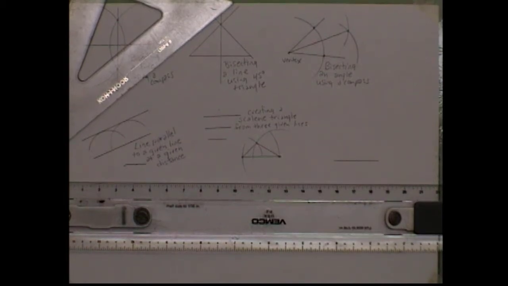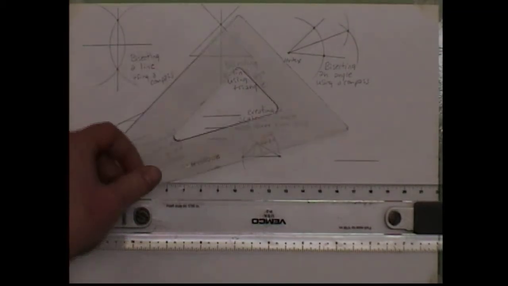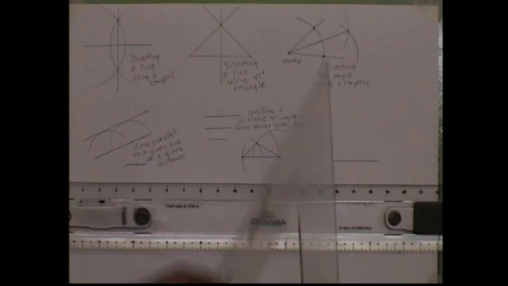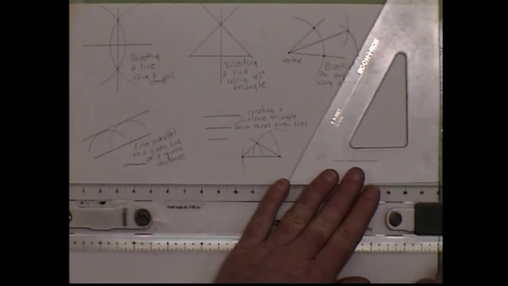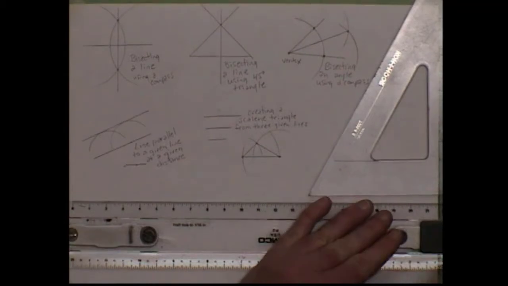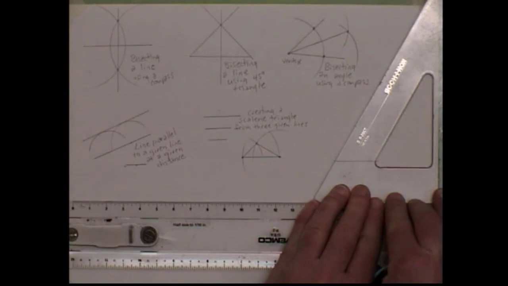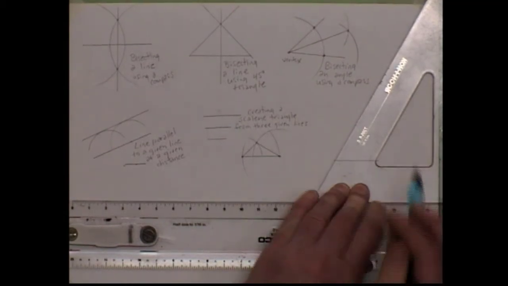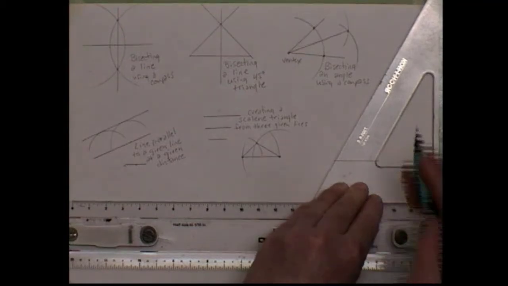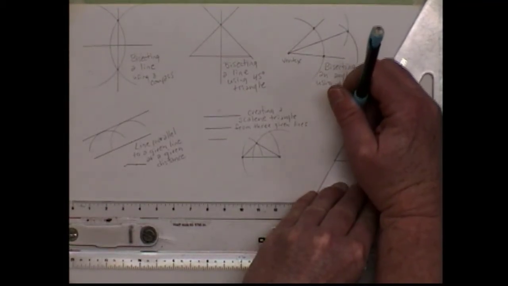And if we're creating an equilateral triangle, then what are all the angles going to be equal to? 60 degrees, right? Okay. So if we have a horizontal line that we made with our straight edge, we can use our 60-degree angle on our triangle, correct? Yeah. So we're just going to put our 60-degree angle tangent to the endpoint and flush with our straight edge and draw a line.